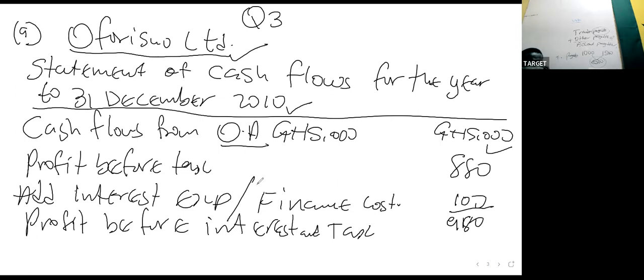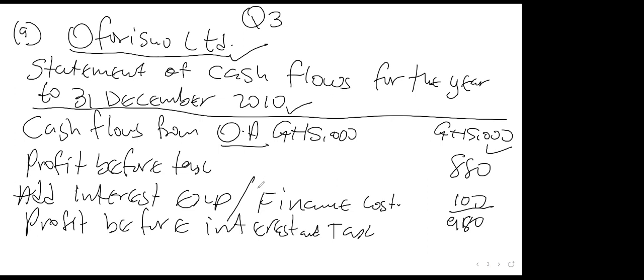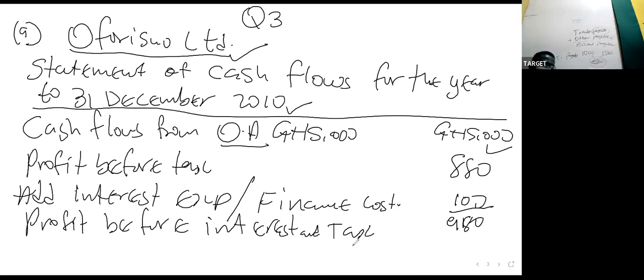So I've given you a very nice way for those who want to do ratio: profit before interest and tax is equal to profit before tax plus finance cost. Agreed.